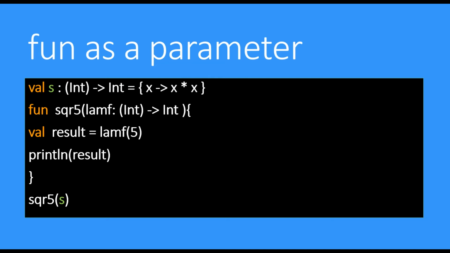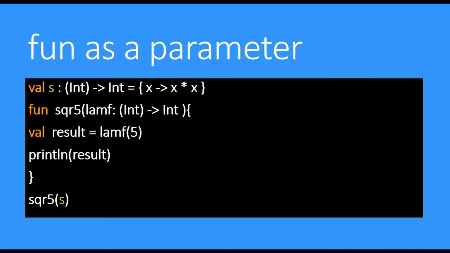So in this example, we see a lambda function, and we talked in the previous video about how to declare a lambda function. It's a lambda function where the parameter is of type int and it also returns an int value, and it calculates the square of a number.